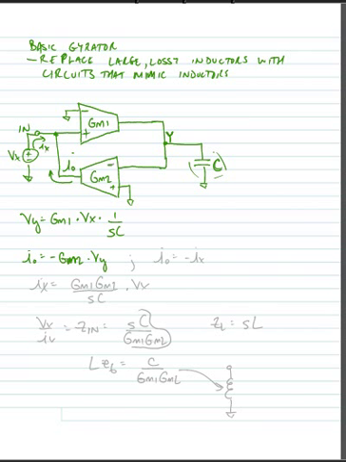Note the minus sign is because the input is on the inverting terminal of this transconductor. We can also say that IO is equal to minus IX. If this is an ideal transconductor, no current flows into the transconductor, so all of the current flowing from IO has to equal the opposite of the current flowing from IX.